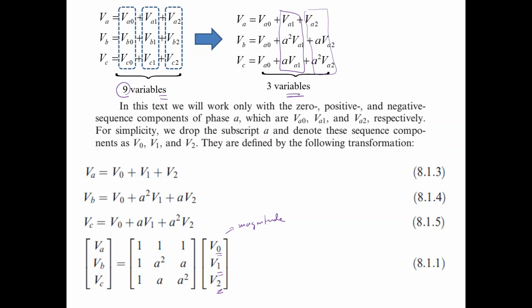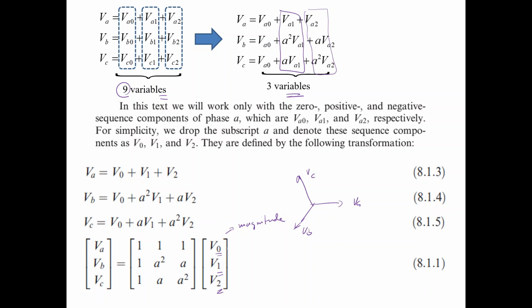Why are we interested in just the magnitude? Because we already know that for the positive sequence, the angle separation is in this form: VA here, VB here. This is positive. Once you know the magnitude, there's no problem finding VB and VC, because the angle just shifts by 240 or negative 120.